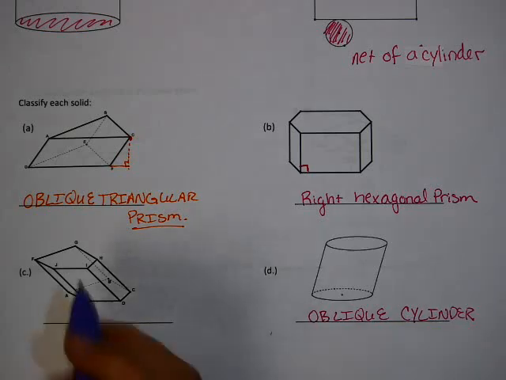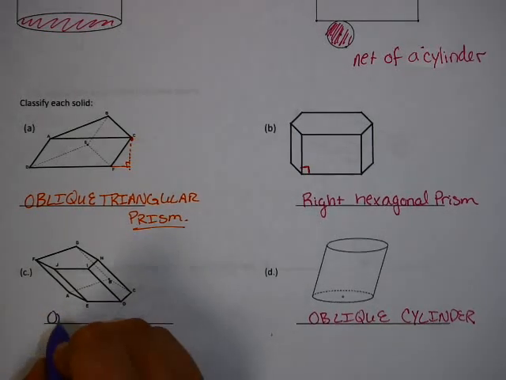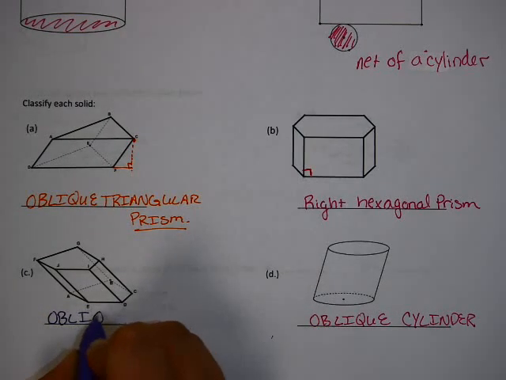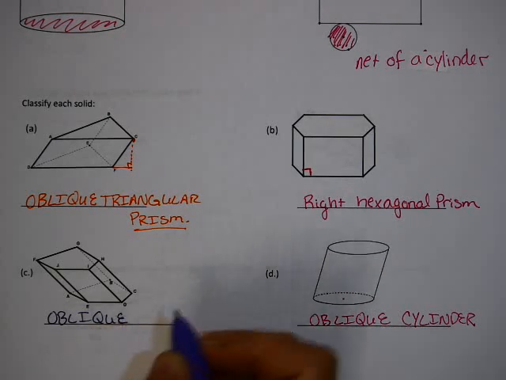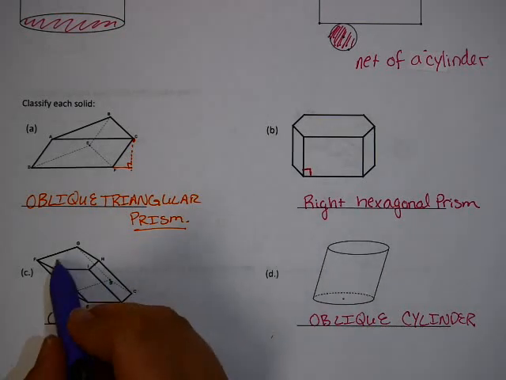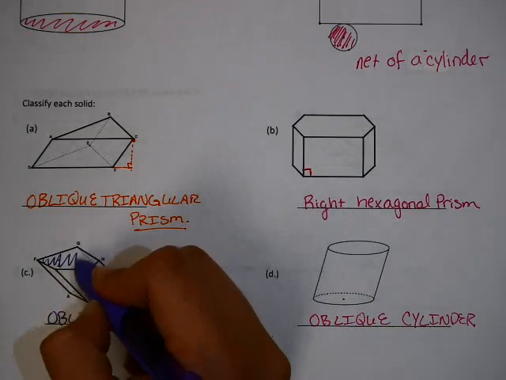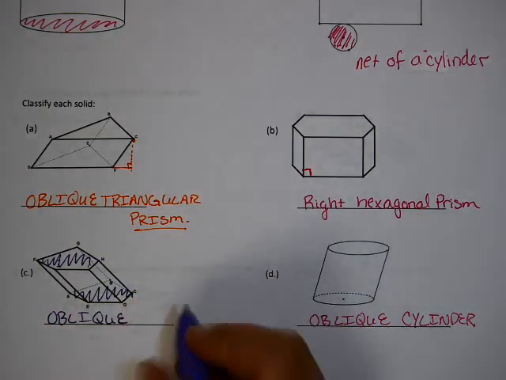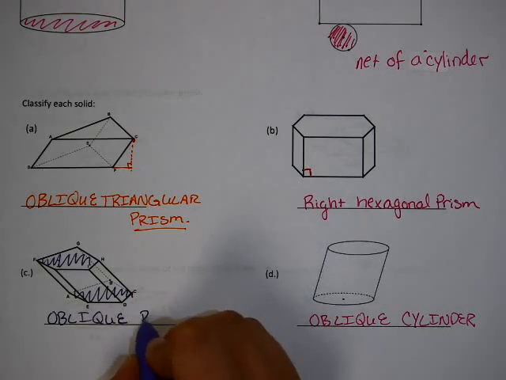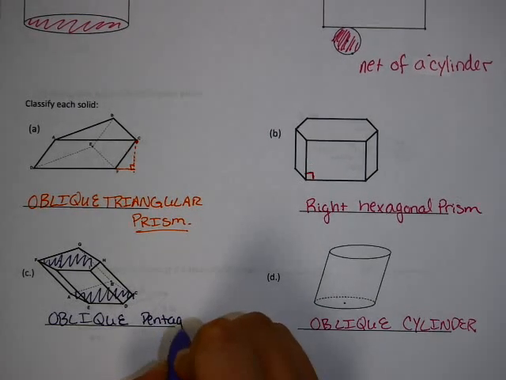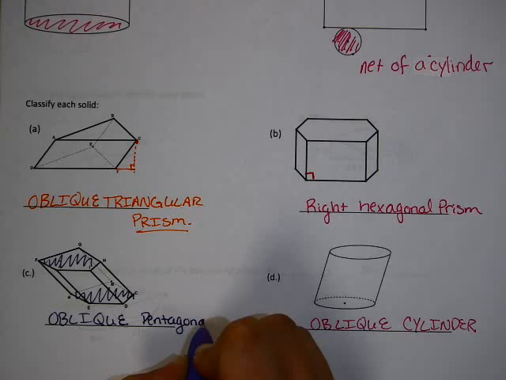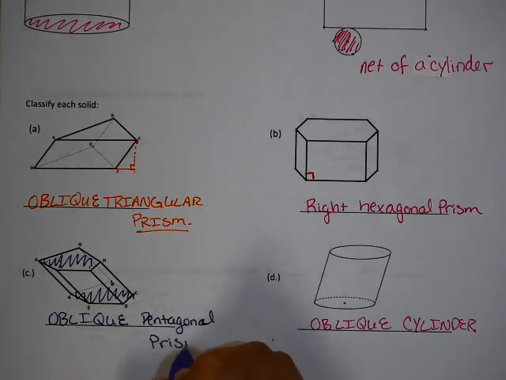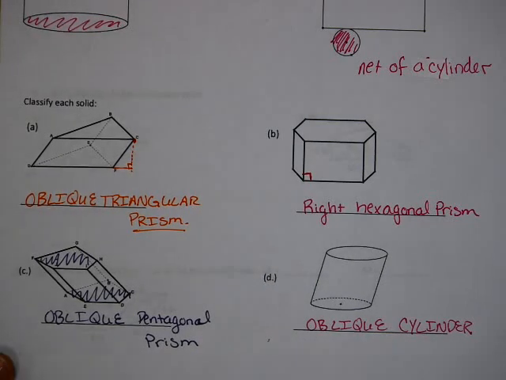And C will be an oblique pentagonal prism, because our bases are pentagons. So I'm going to color in the base. All right.